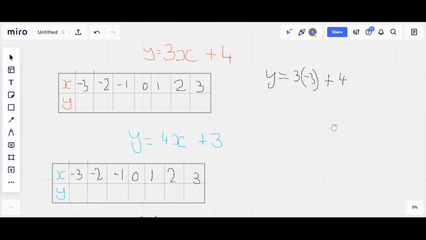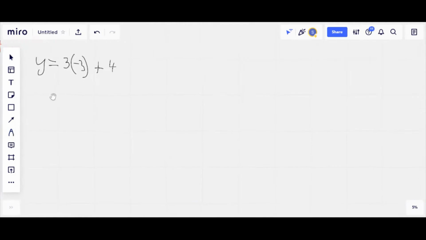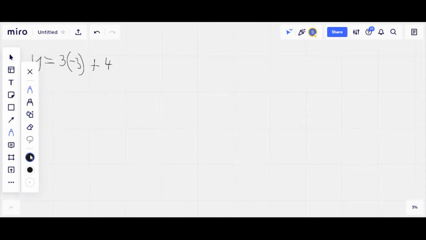So let's move across here and solve this equation. So we need to multiply 3 by -3. So y is equal to 3 multiplied by 3 is 9, but because we've got a negative in there, a negative multiplied by a positive is a negative.